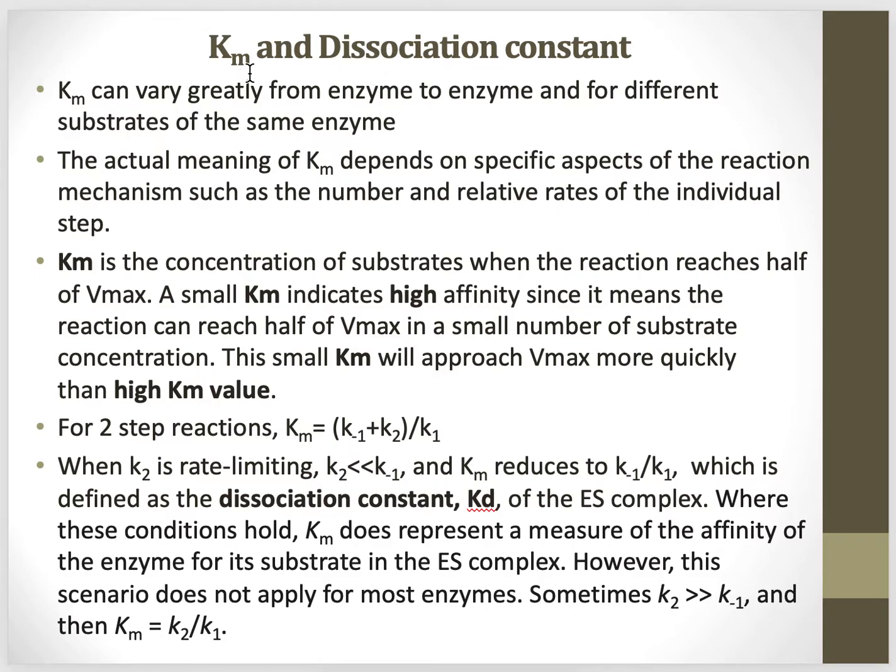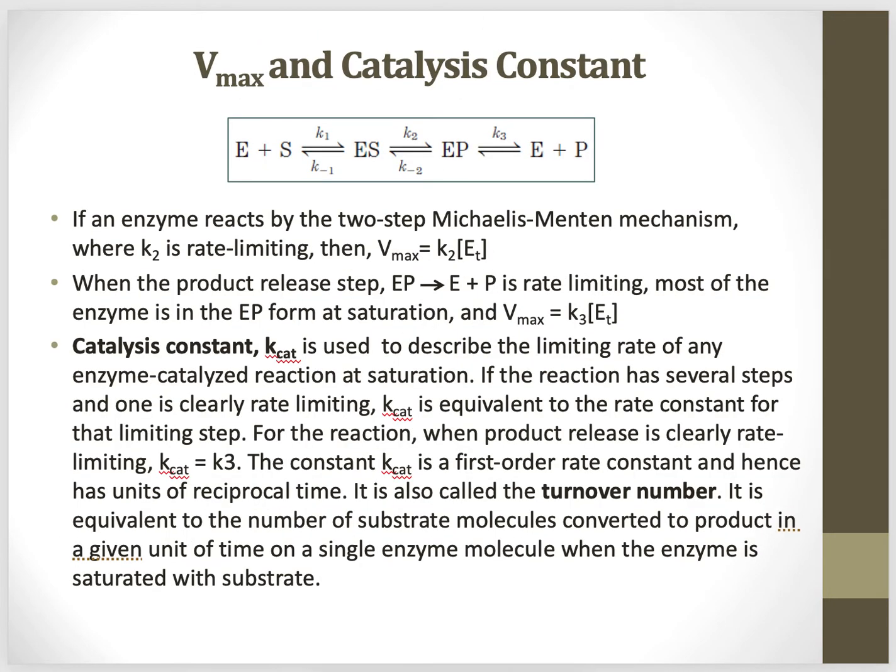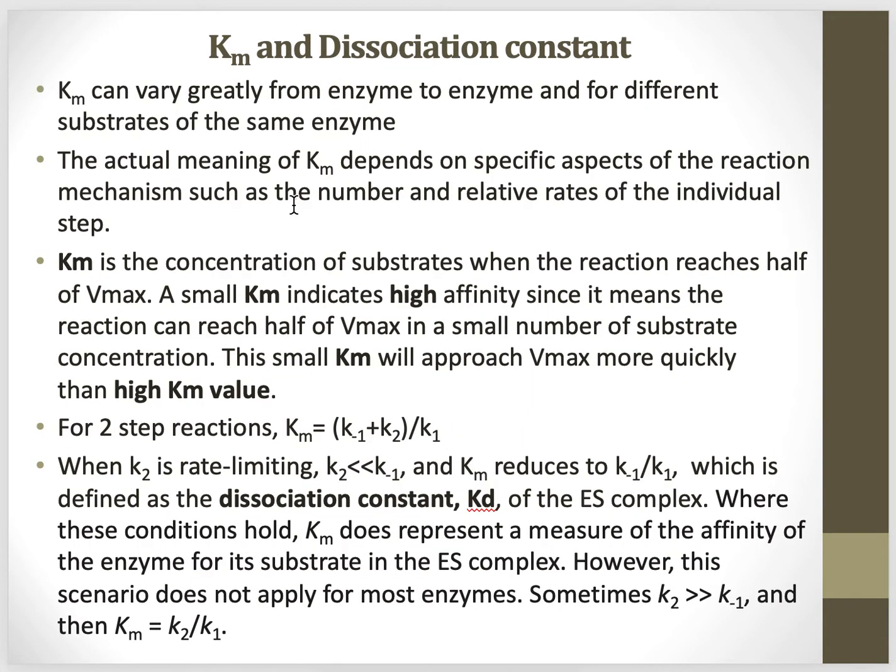We already know about Km, the Michaelis-Menten constant. There are some other constants too, like the dissociation constant and then the catalytic constant. We'll learn about the dissociation constant first. Now we know that Km, the Michaelis-Menten constant, can vary greatly from enzyme to enzyme and for different substrates of the same enzyme.